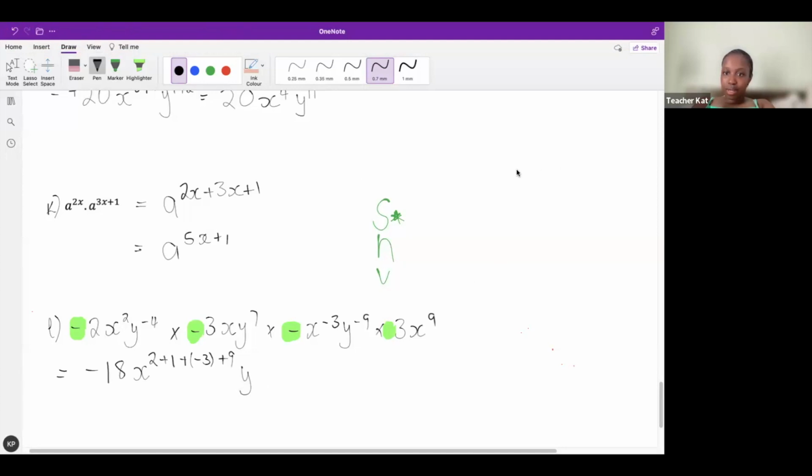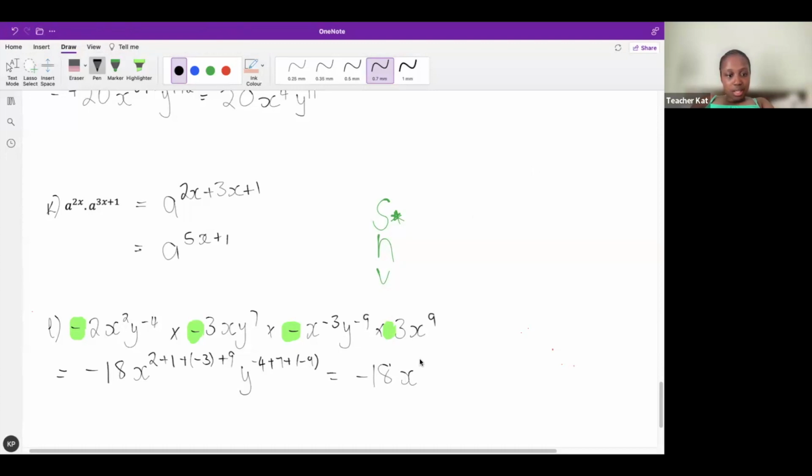Negative 4 plus 7 minus 9, says Buhlale. So we have a negative 4 plus 7 plus a negative 9. Okay. Now I'm going to simplify those plus minuses. A positive and a negative gives you what?